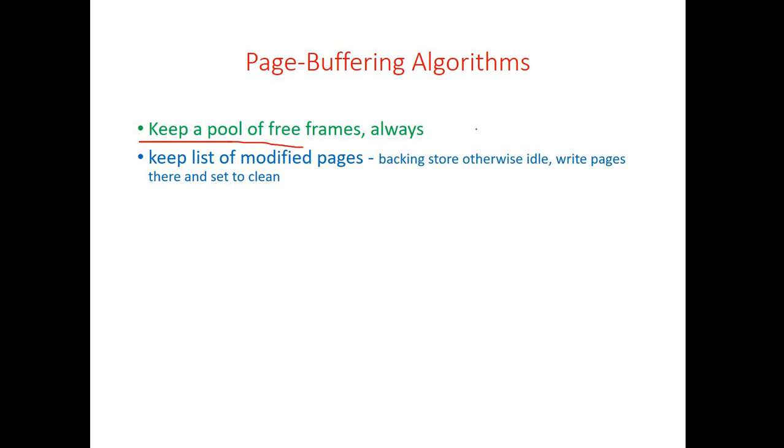When there is a requirement for a page to be loaded into the physical memory, one frame from the pool of free frames is selected and that frame will be allocated for the new page that is coming into the physical memory.